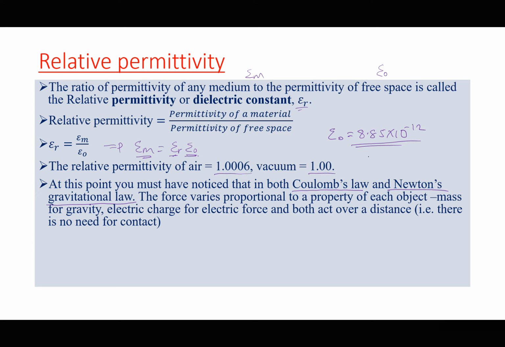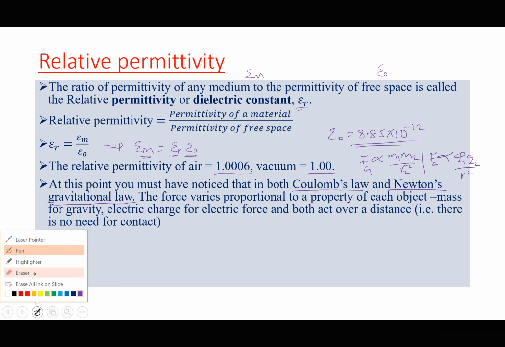Newton's law was telling us that the force was directly proportional to m1 m2 and inversely proportional to the square. We are now seeing that for Coulomb's law, the force due to the electric field is also directly proportional to Q1 Q2 and inversely proportional to R squared, that is the separation squared.